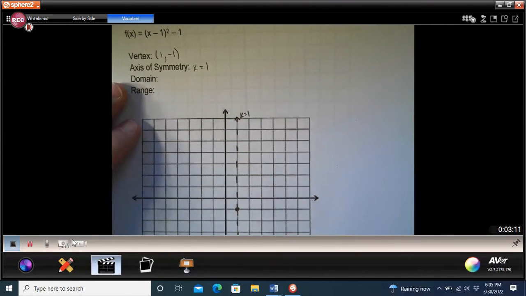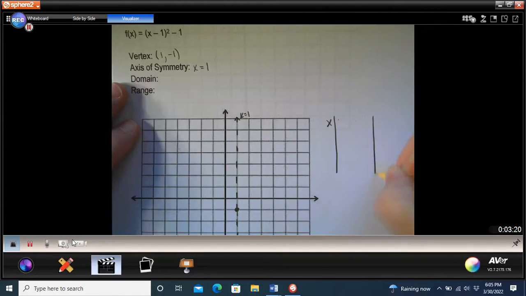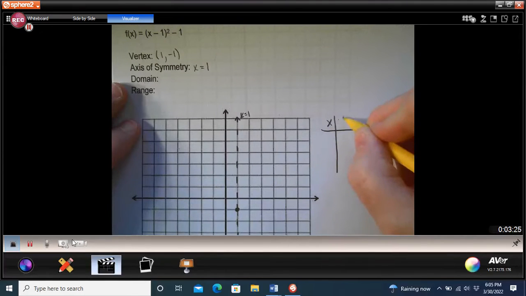And then when I'm in graphing form, what I'm going to do to find other points is make a table, and I'll plug in a value for x, and I'll get a value for y.